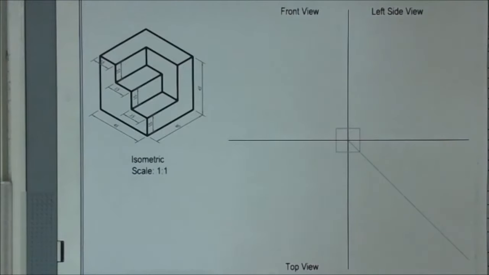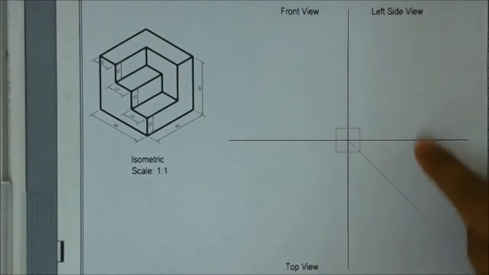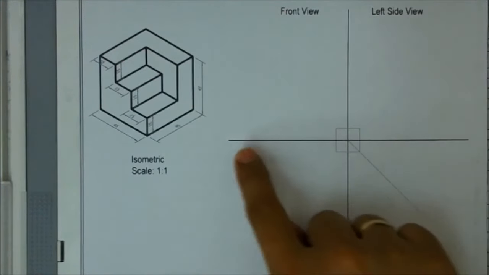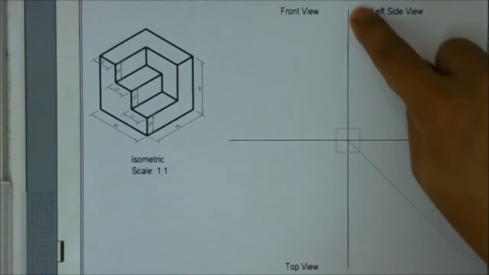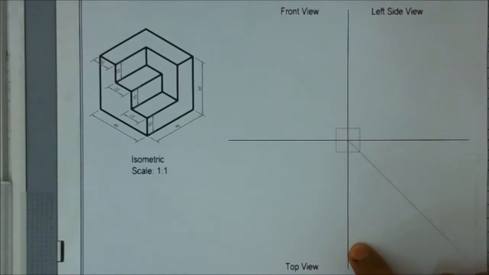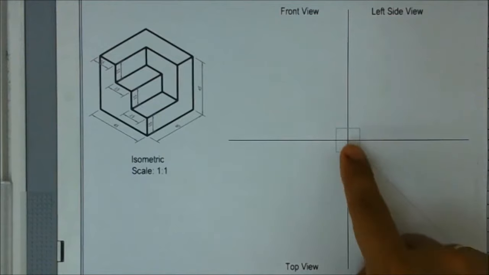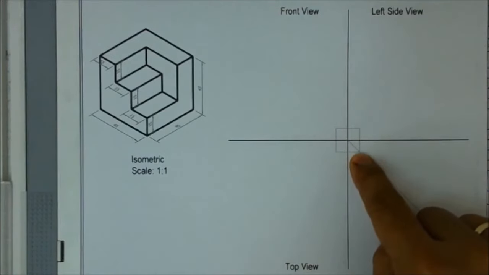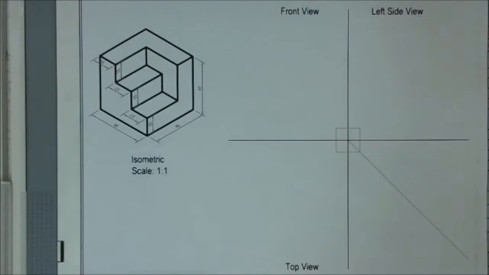So let us start. To start with, you have to have your y and x axis, the horizontal and the vertical axis. And then here in our fourth quadrant, I have here the miter line or the projection line. I put a square here so that this will determine our spaces in each quadrant.